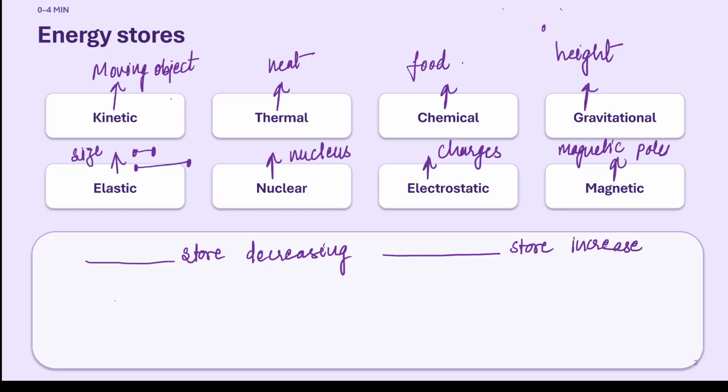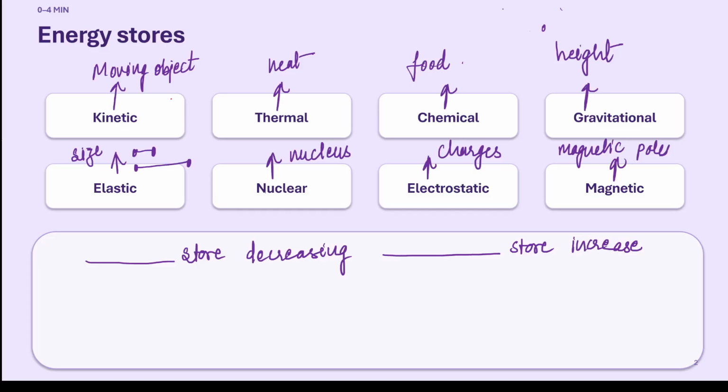When you switch on the kettle, which energy store is decreasing? The chemical energy store of the power stations. And at the power station, somebody is creating electricity, isn't it? So the chemical energy store of the power station decreases, and the thermal energy store of the kettle increases.